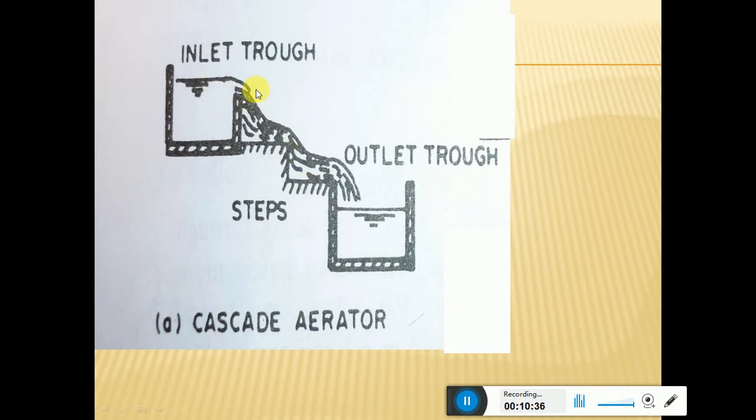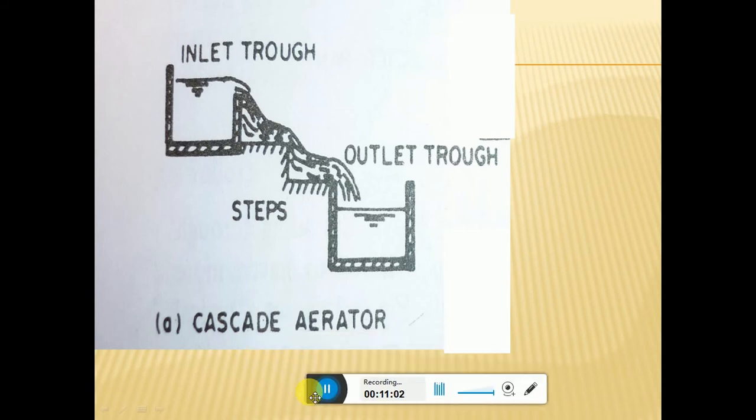This is the inlet trough, and you have a cascade type of steps here. These steps are made to create turbulence. Whenever the water free falls from this trough, the water will be mixed thoroughly with the air, and the water is collected in the outlet trough. This is called the cascade type of aerator.